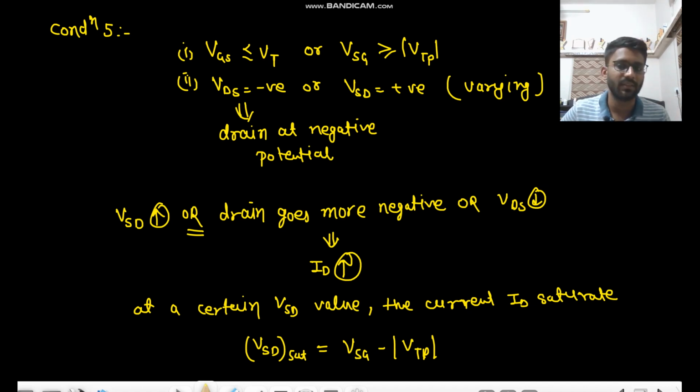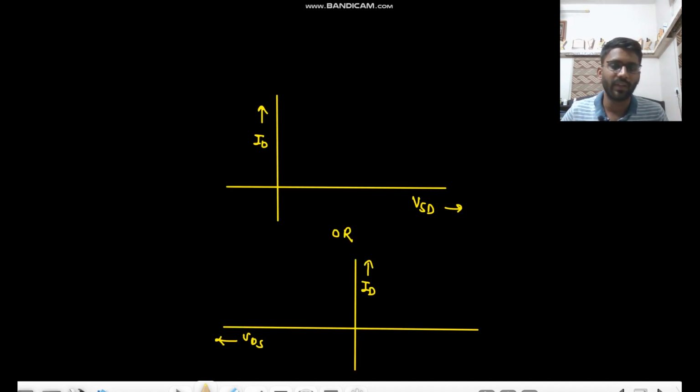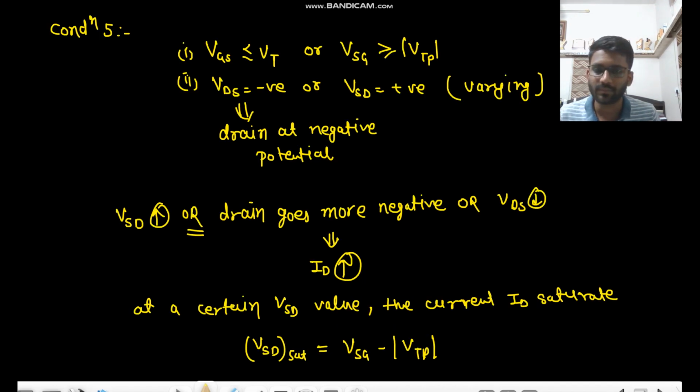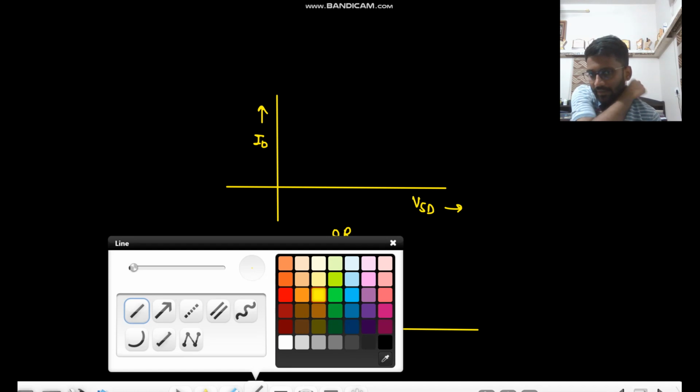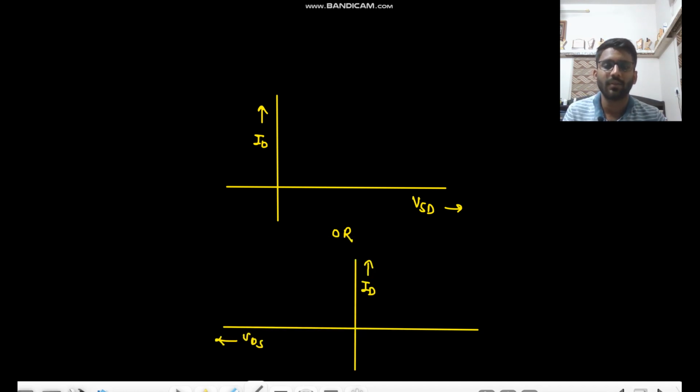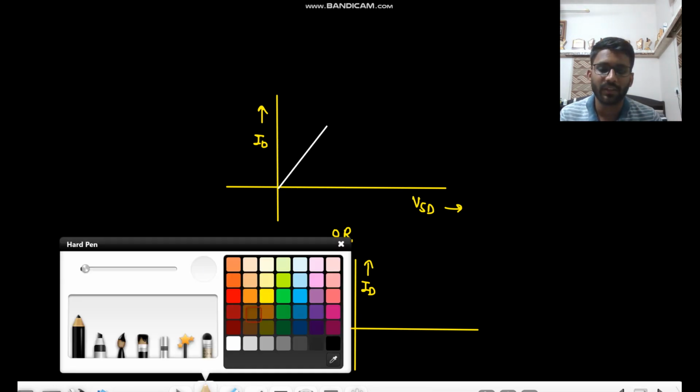So if we make the characteristics, ID versus VSD, initially it will increase, then after that it will saturate.